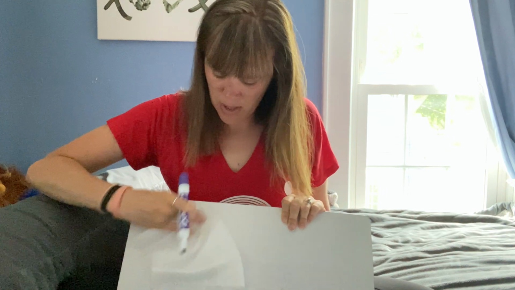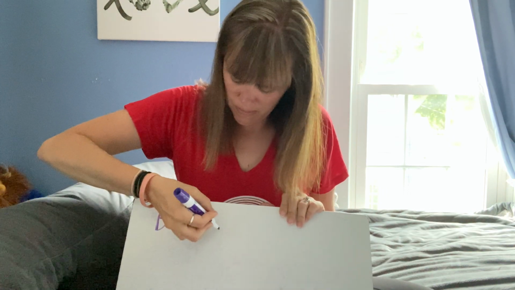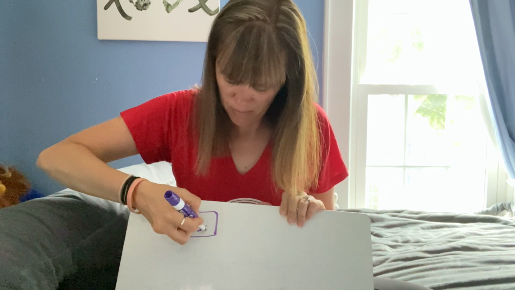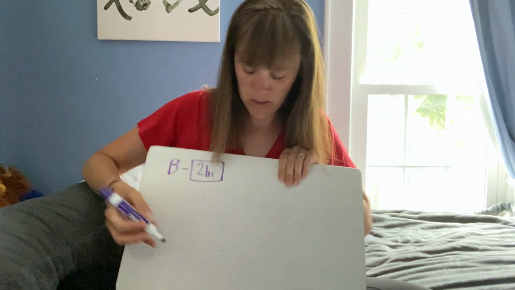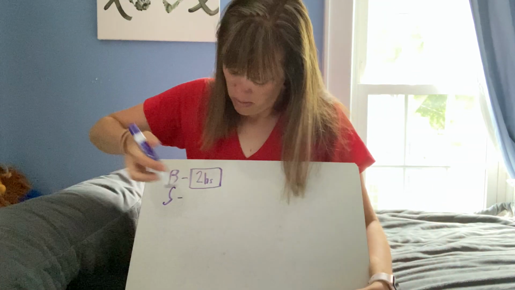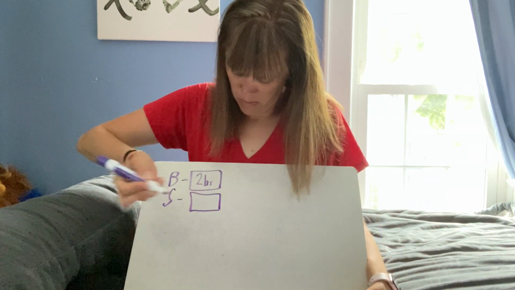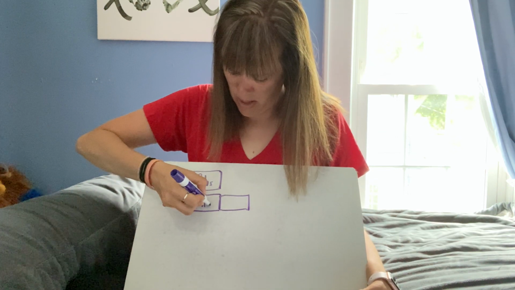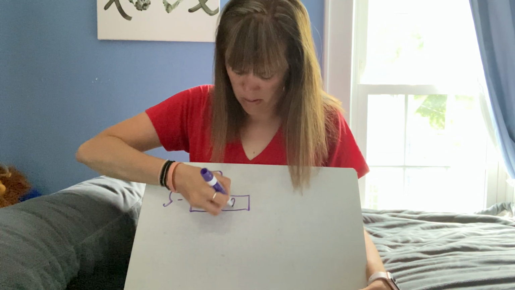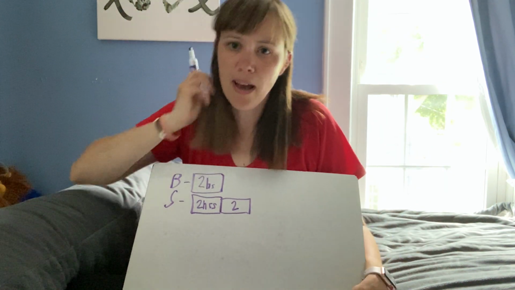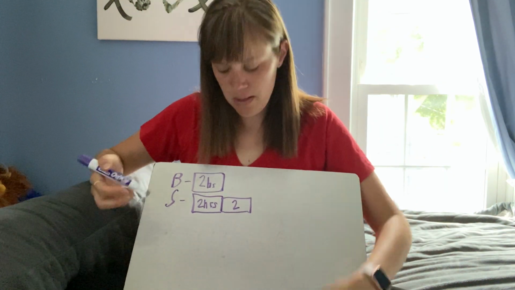All right, so let's do a tape diagram. Beth is 2 hours, and her sister gets 2 times that. So we'll do 1 and then 2. Now I know a lot of you are like, oh, well, I just know 2 times 2 is 4. I get that, but let's show it.